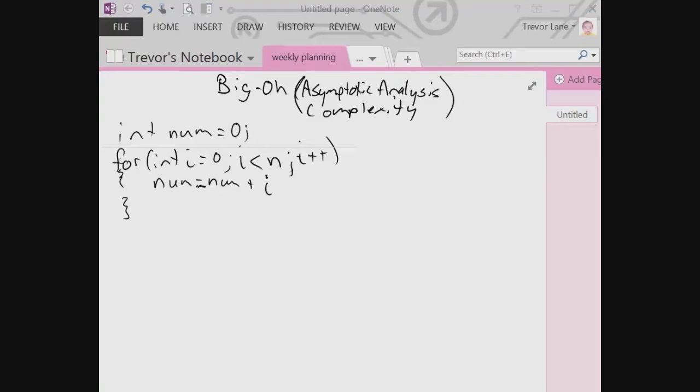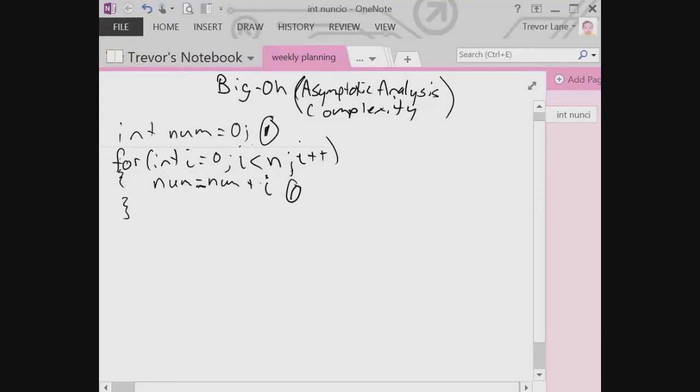So what we can look at is we know that there's one step here to define the variable and give it a value. So we have one here, and then inside of the for loop we have another one. But then we also have a certain number of comparisons.